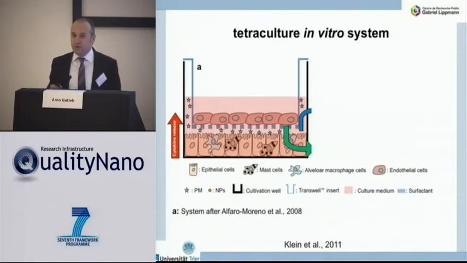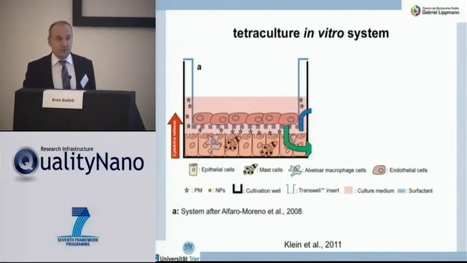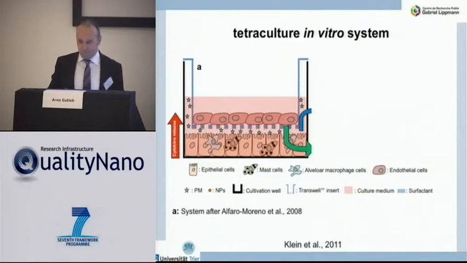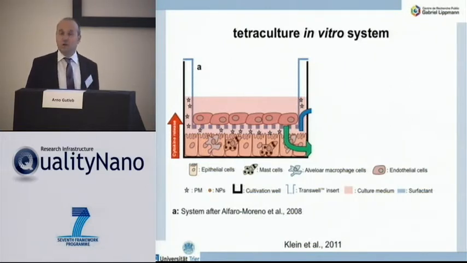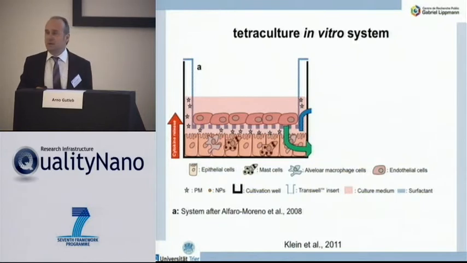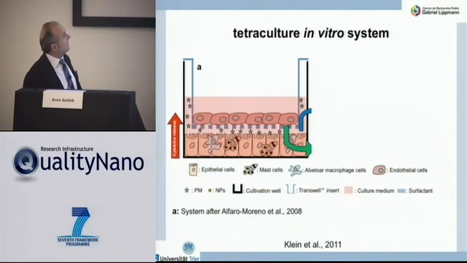Yes, we were not the first one who did a multi-cell culture system based on pulmonary cells. The original one, and as far as I know, the oldest one published is the one from Alfaro Moreno in 2008. But you see a few specificities with the system. The endothelial cells are seeded in the transwell on top of the cells that are supposed to be respiratory cells.